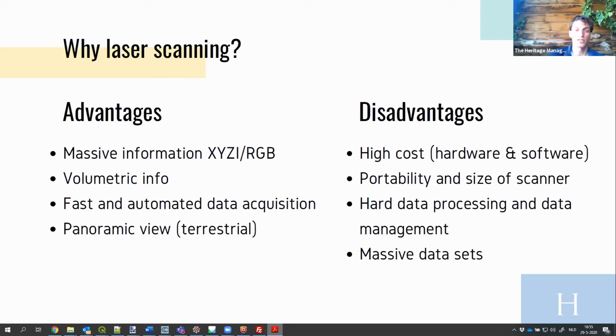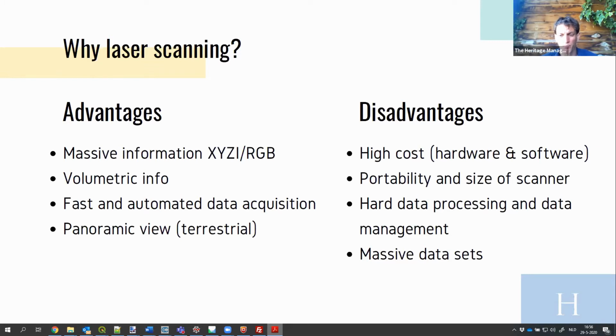The data processing is also very important to mention. Data processing is more challenging and more computationally intensive compared to photogrammetric data processing. So you will work with massive point clouds, millions and millions of points, and it can be a challenge to process these data, especially when you limit yourself to manual data processing. Data management is also more challenging.